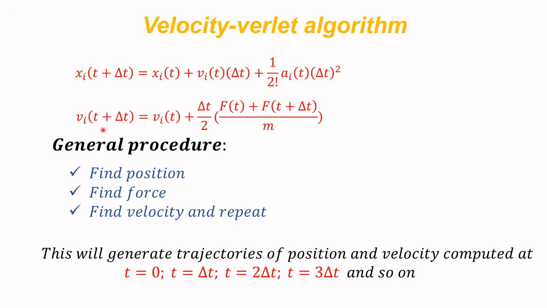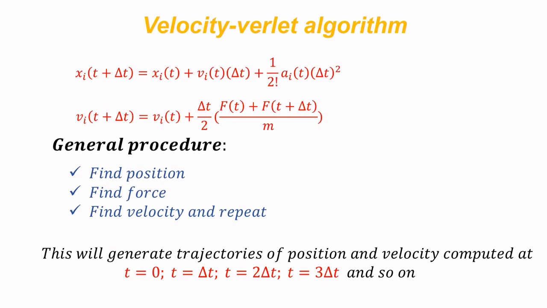To calculate the velocity at time t plus delta t, we need the force at time t and also the current force that is acting upon the particle in the system. So first I have calculated the position, second I have calculated the force with the help of the interaction potential in the system, and after that I will easily calculate the velocity, and I am going to repeat again.